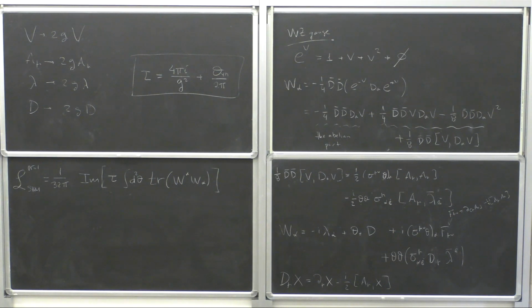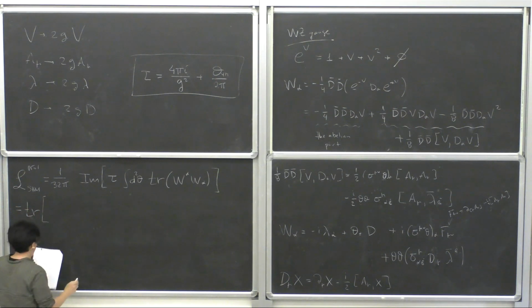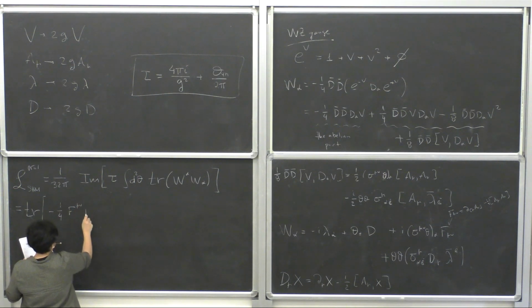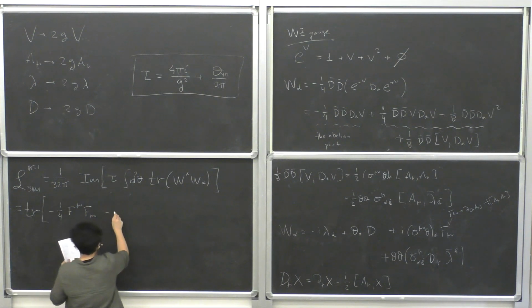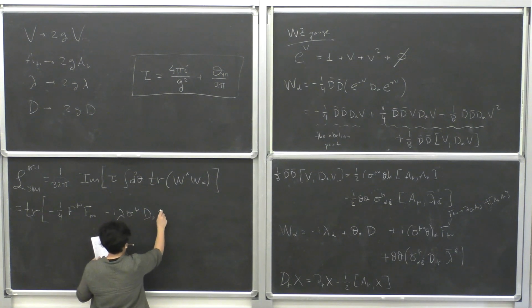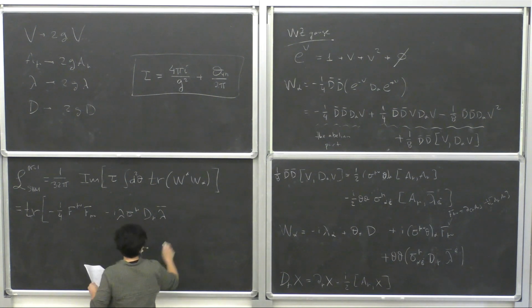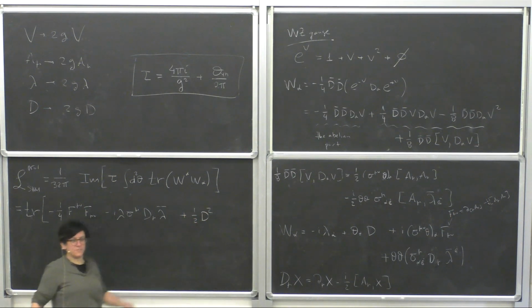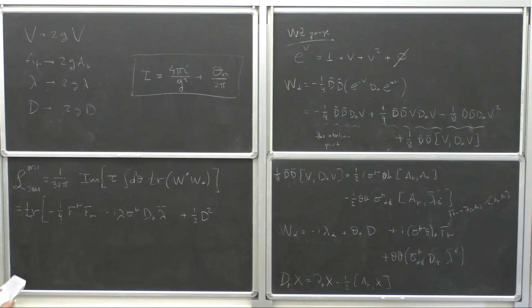And I go to components now trivially. Trace. By the way, I always forget the trace, so I'm very proud of myself that now I wrote it. Covariant derivative, yes. Here is the beautiful one, half, as it should, because it's a real auxiliary. Plus, I have everything, yes.